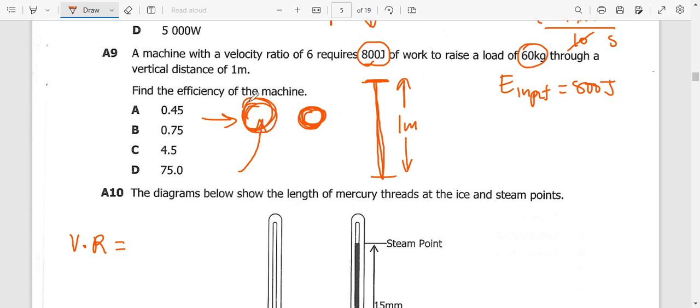Let's say when this wheel rotates for 20 cycles, this one is going to rotate for 40 cycles. So velocity ratio is given by the driver, the one which is driving the other one, the distance it moves, divided by the driven wheel. Okay, so it will be 20 over 40, driver over driven.